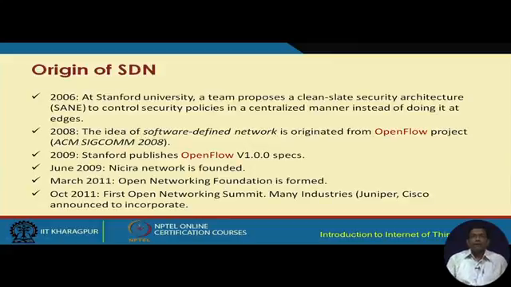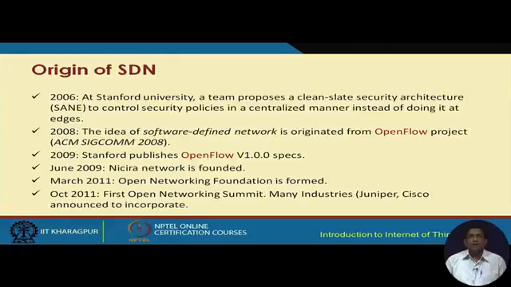Before we look any further into SDN, let us try to look at the brief history about the genesis of SDN. In the year 2006, a Stanford University team proposed a clean slate security architecture, which was termed SEN, to control the security policies in a centralized manner instead of doing it at each of these edges, that means each of these switches. In 2008, the idea of software defined networking originated with the OpenFlow project, and that was published in the very popular ACM SIGCOMM paper in 2008.